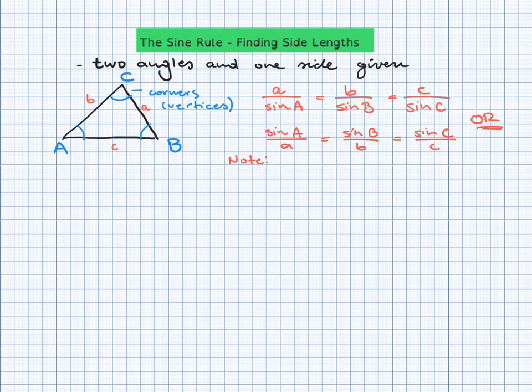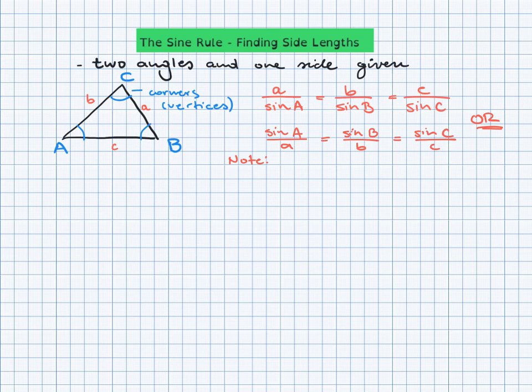Or you can choose those two in order to find unknown length. Or you can choose this one and this one, in order to find unknown length. So, I'm hoping that you're okay with that. Only two formulas at a time.